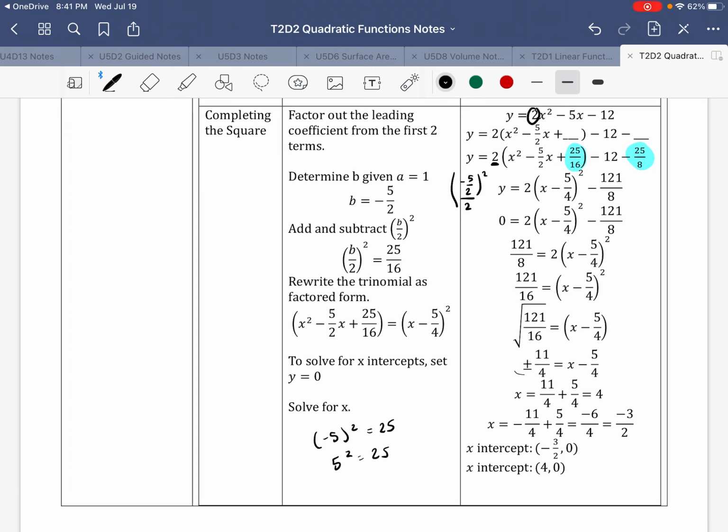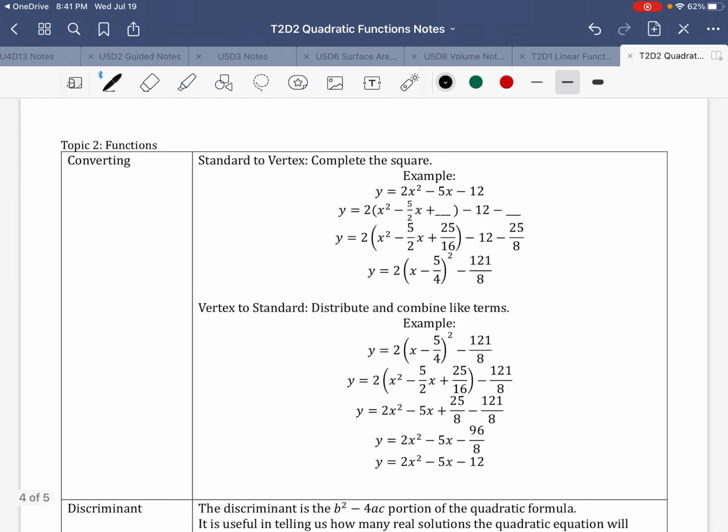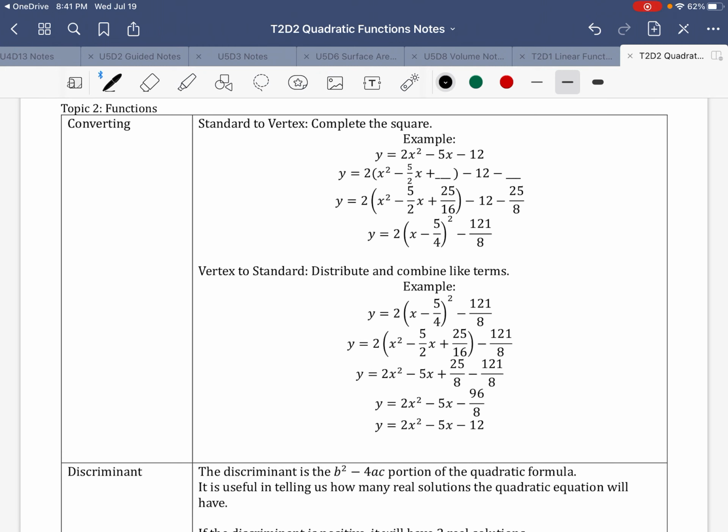So here we need to account for the positive and the negative values of the square root. Then we add the 5/4 to both the positive and the negative, and we end up with our two x-intercepts.